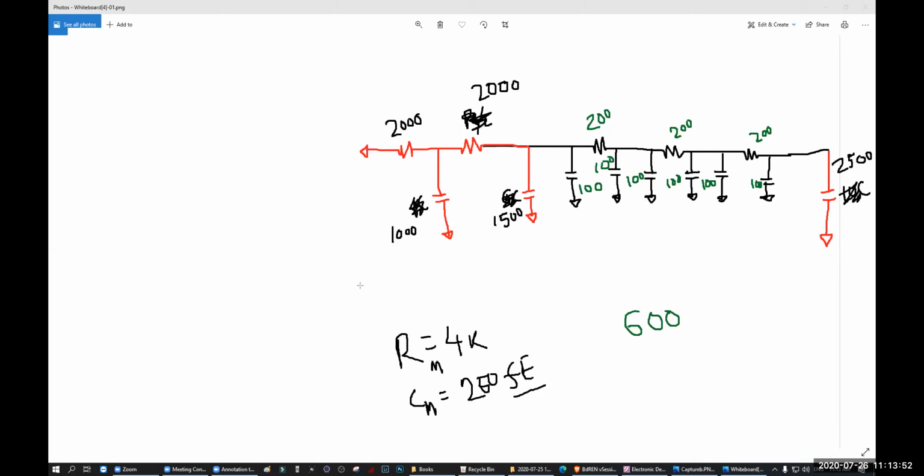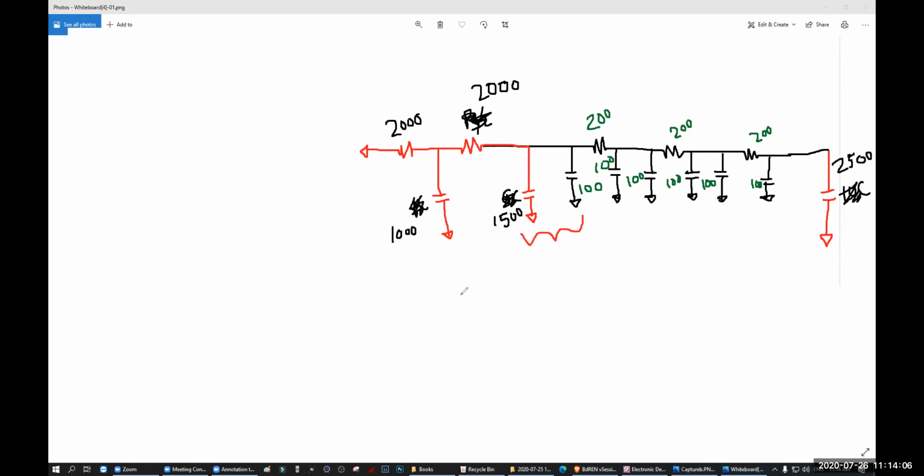Now what you can do, you can make them simplified. How can you make them simplified? See here, these two capacitance, they are parallel, right? They have nothing in between. So can I call them 1600? Yes, we can.